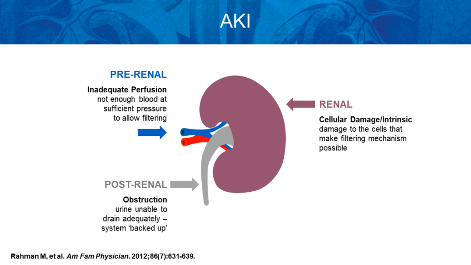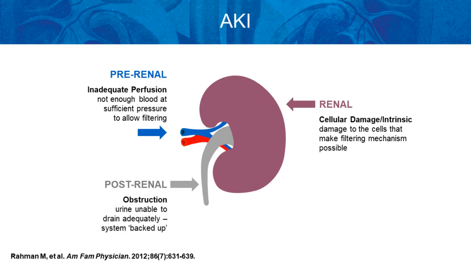Now, stepping away from chronic kidney disease, when we're in the cath lab administering iodinated contrast, we create this risk of acute kidney injury. And there are multiple causes for acute kidney injury. There are three basic categories into which these fall. One is the pre-renal category. That's because of inadequate perfusion to the kidney, typically not enough blood or volume.